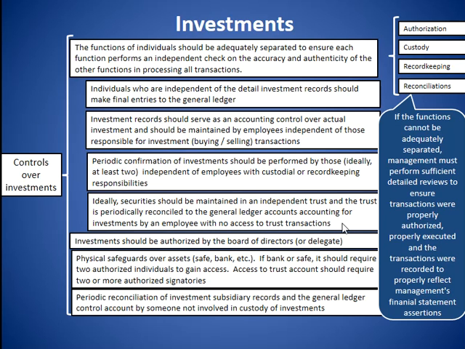What that means is most companies don't want to handle their own marketable securities, their stocks and their bonds. They give that task over to a broker who will then keep the stocks and bonds for the company.